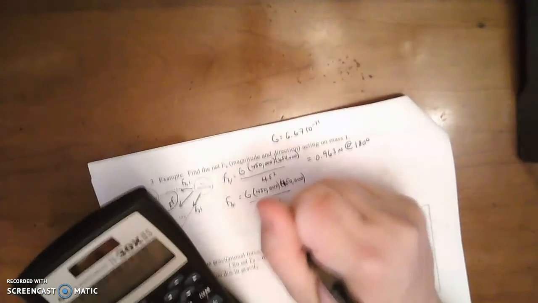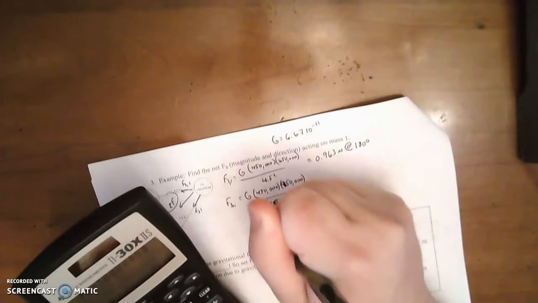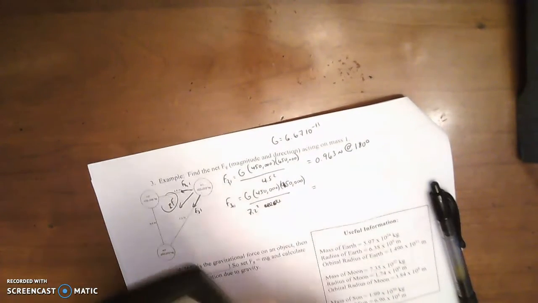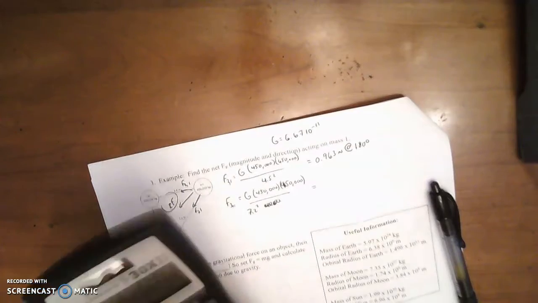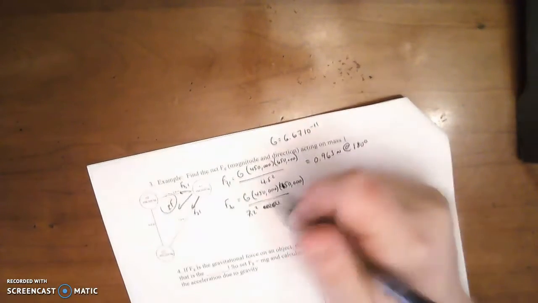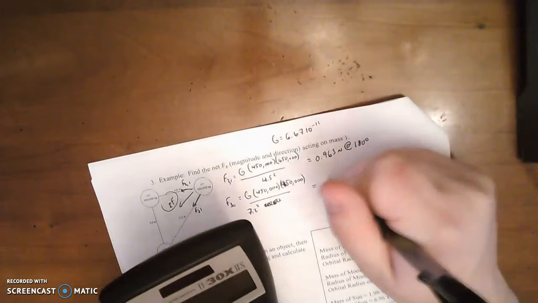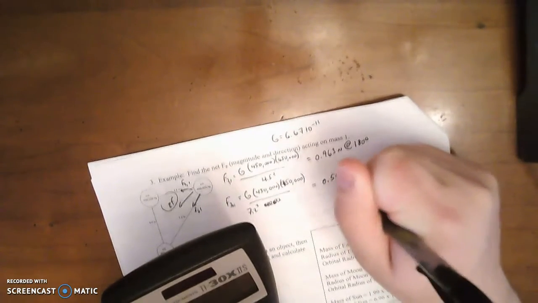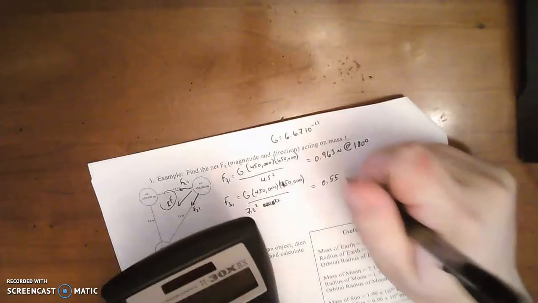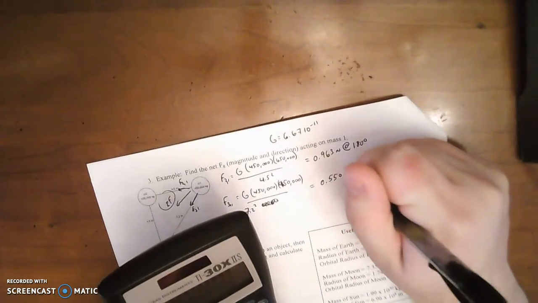And our radius, I messed that radius up. That radius should be 7.2 squared. This object's a little bit further over. Because of the increased distance, even though this mass is larger, we do find that the force of gravity acting on object 1 from 3 is only 0.55 newtons.